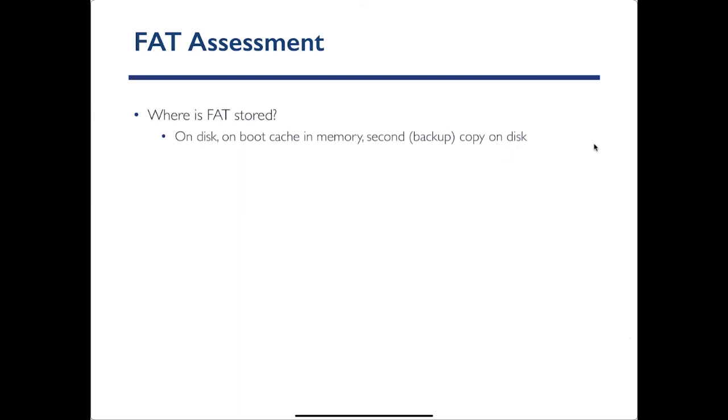So where do we put the FAT table? We can store it on the disk, and when you boot up your system, you can bring it to memory. What happens if you format your disk? If it is a deep format, then you just make every FAT entry free.